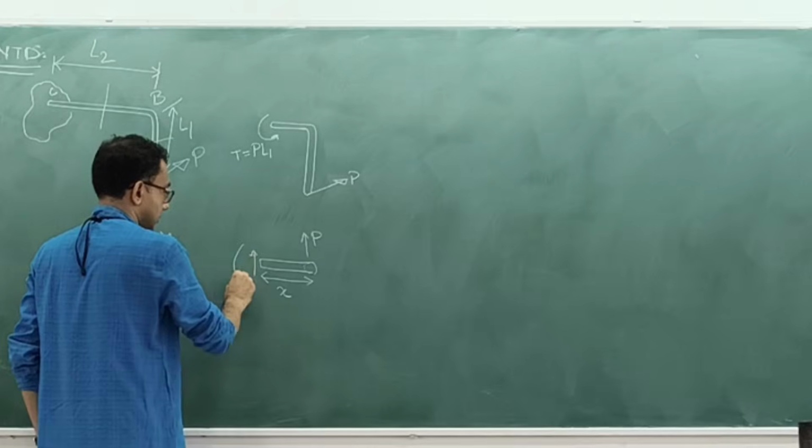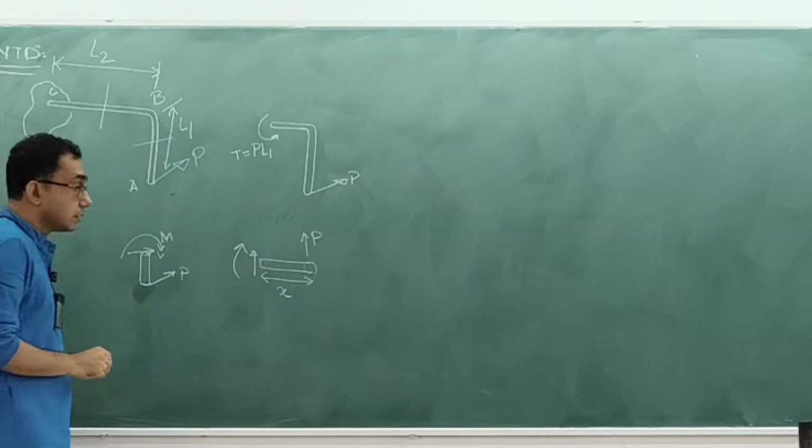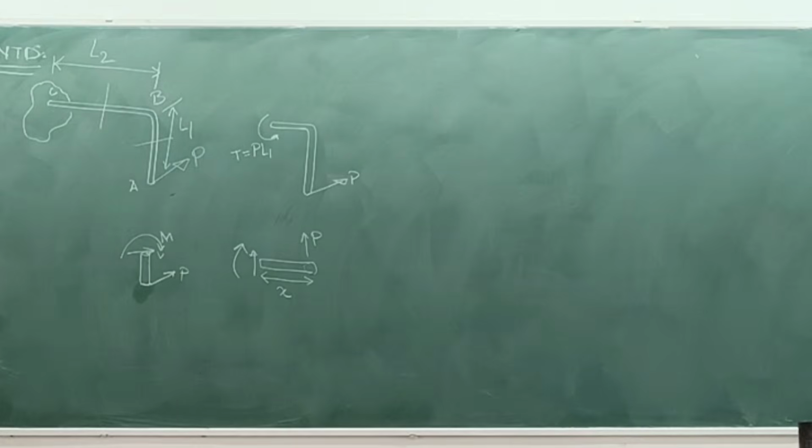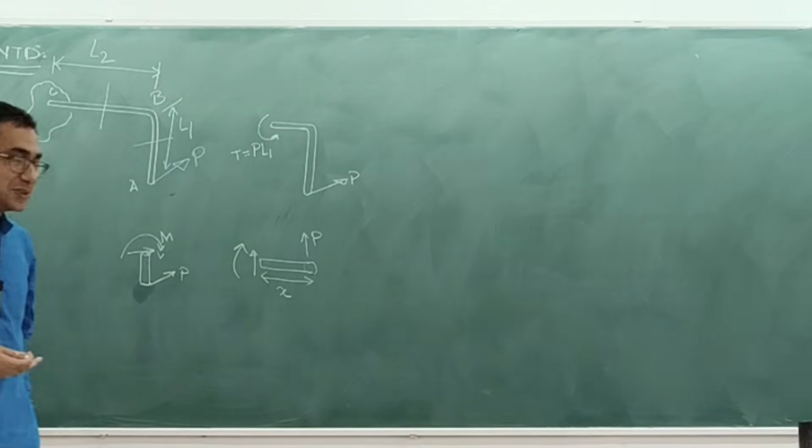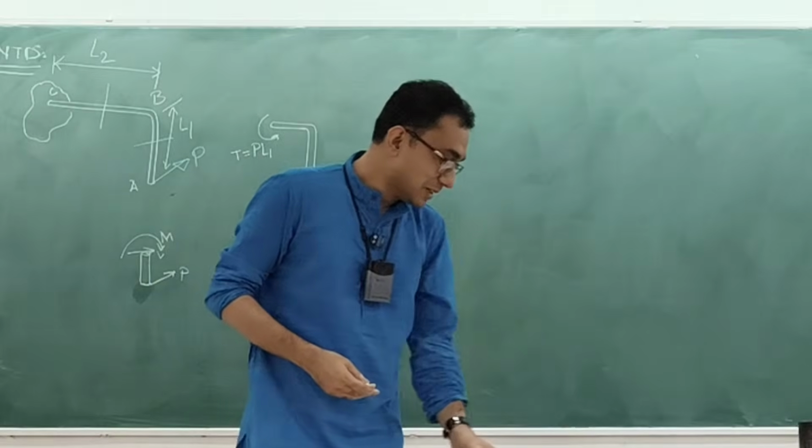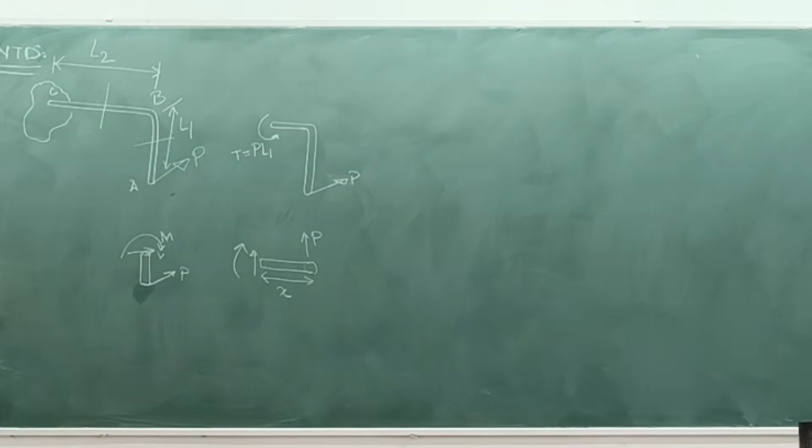Sir, the original force is less, it rotated. Sorry? Here force is force. Original P, how is it rotated? So I have tried to do my best for a 3D diagram. Maybe it will be better if I draw an axis something like this. Shear force is in opposite direction.